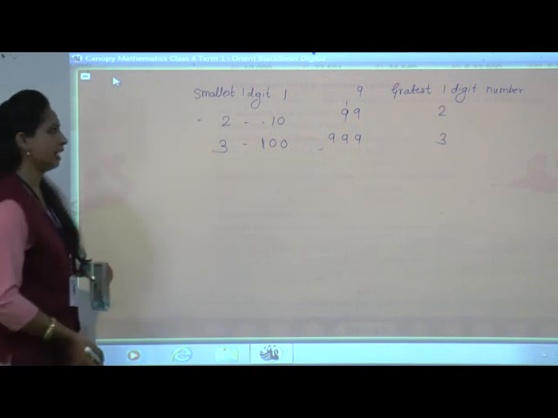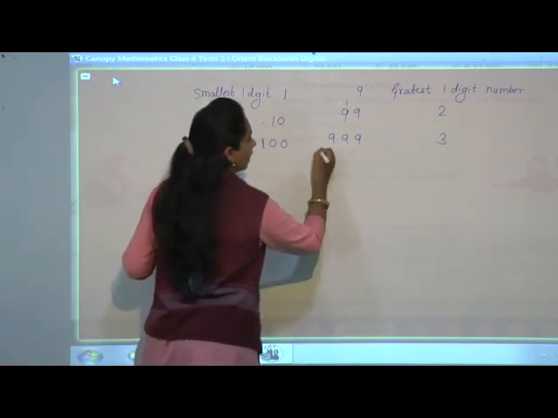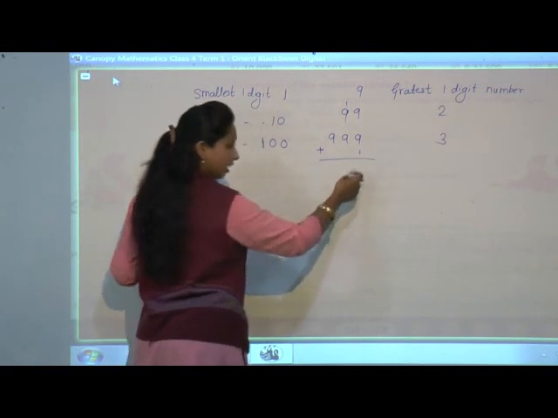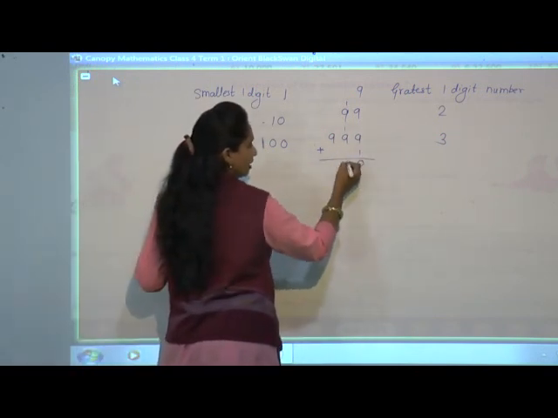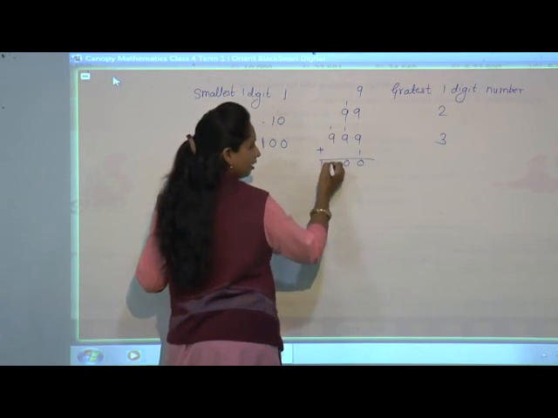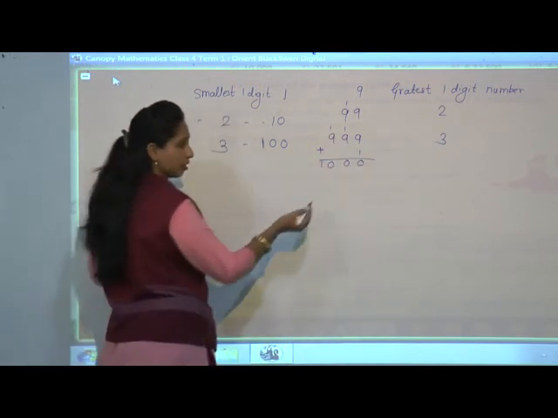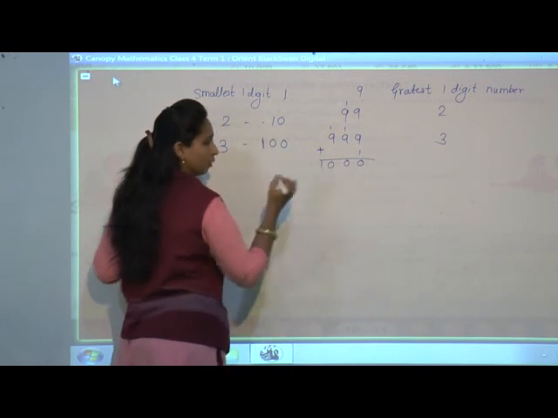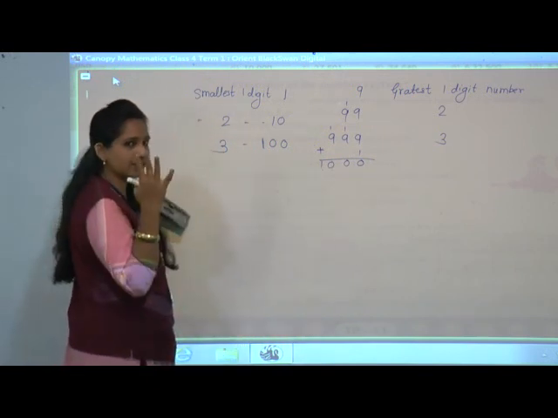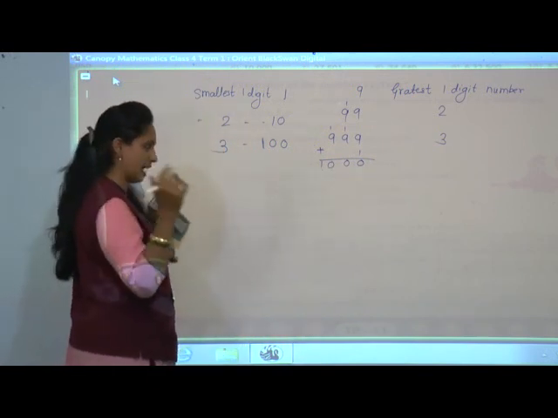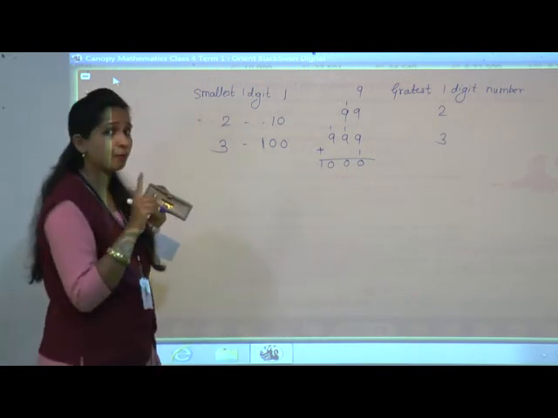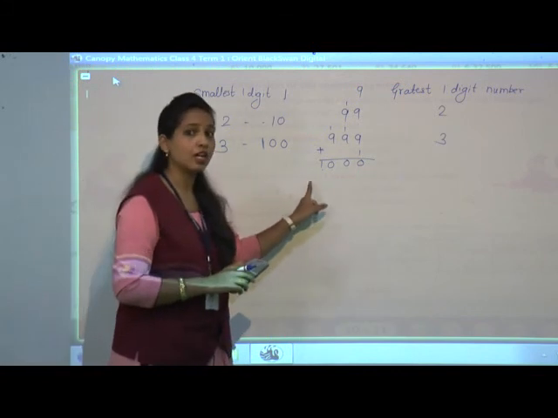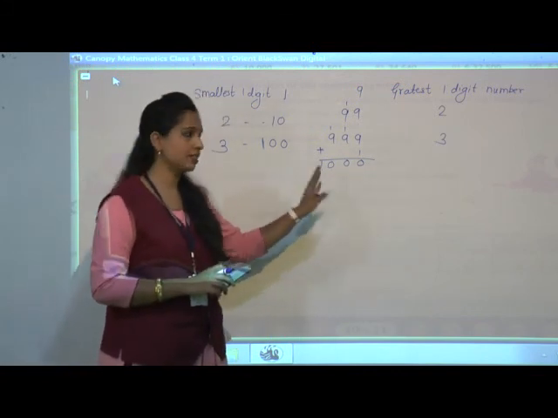Okay. Now, see the next. Again when we add 1 to the given number, 9 plus 1 10, 9 plus 1 10, 9 plus 1 10. Now count the digits: 1, 2, 3, 4. Now here we got a 4-digit number. The smallest number will start from 1, so later on we have to put the zeros.